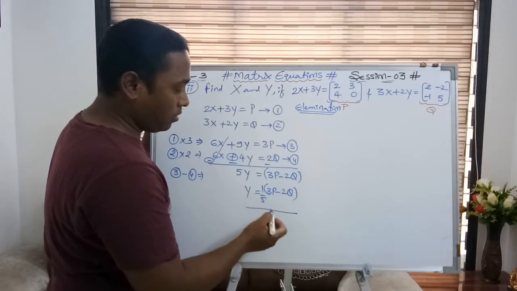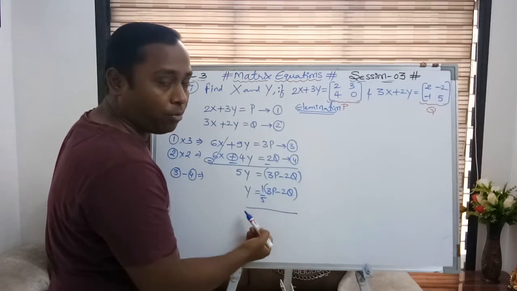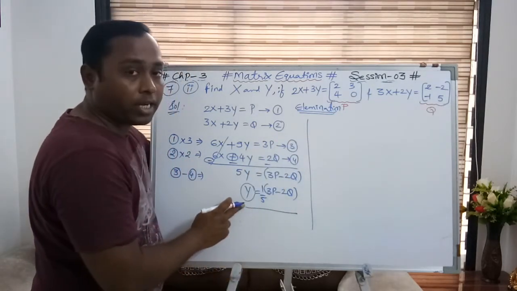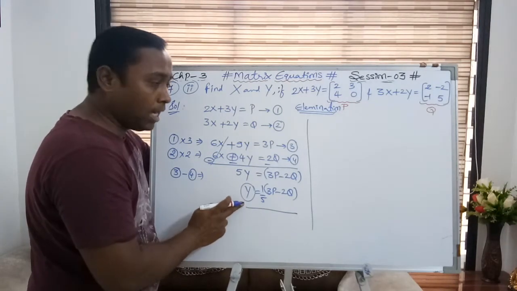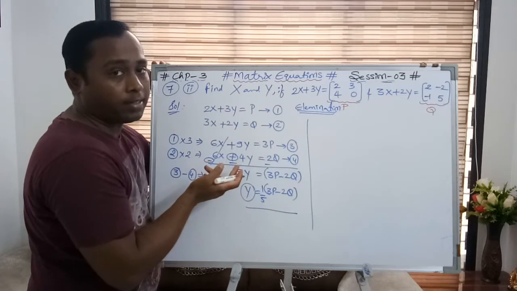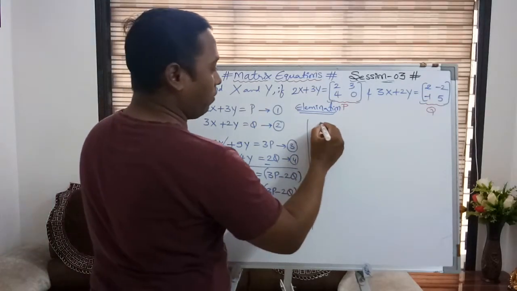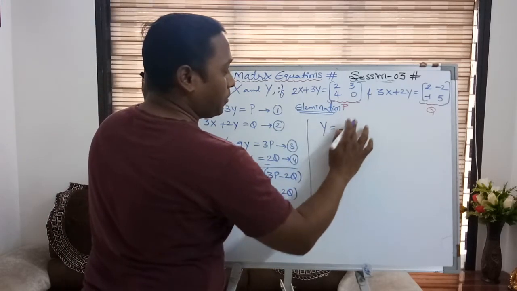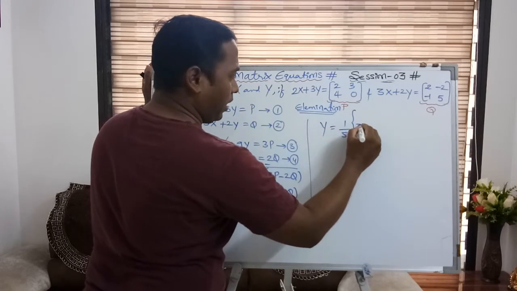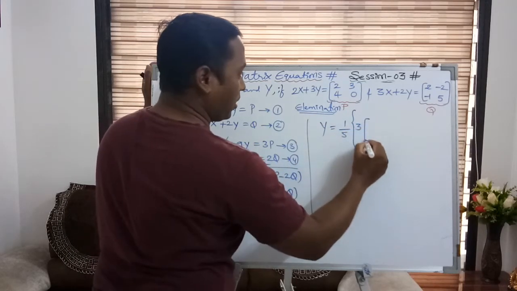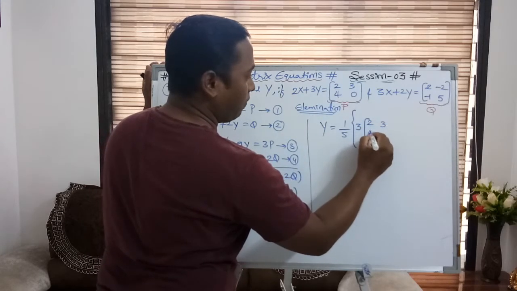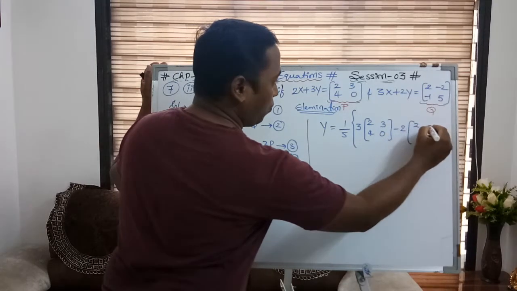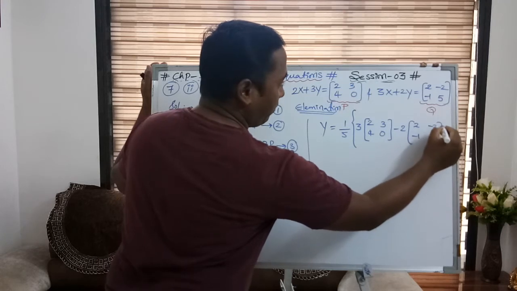First I will substitute P and Q so that I am able to get Y. First I will solve for Y. Then I will substitute the value of Y in either the first or second equation to get X. So Y can be obtained by 1 by 5 times of 3 times P. P means the matrix we already assumed, 2 3 4 0, minus 2 times Q. Q means 2 minus 2 minus 1 5.